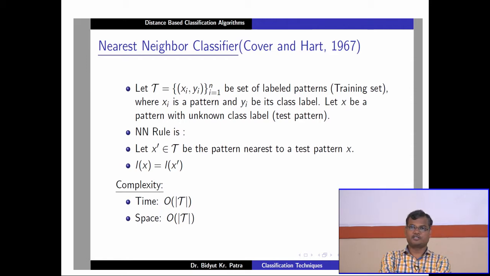Let us say the distance between two colors, red and blue. You can say both are same or both are different, 0 or 1, we cannot say more than that. It is very difficult to compute the distance in those cases. So, this algorithm is applicable only where you can compute some distance or similarity measure.